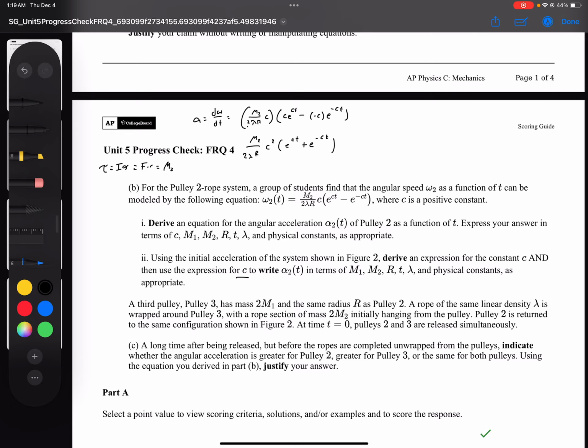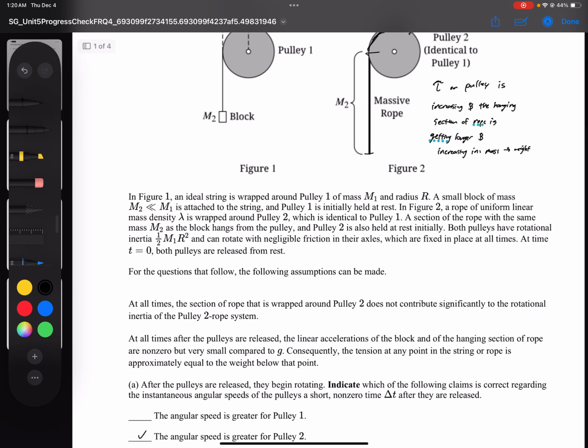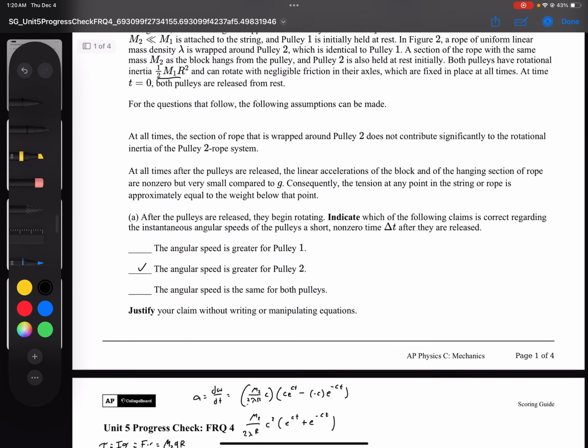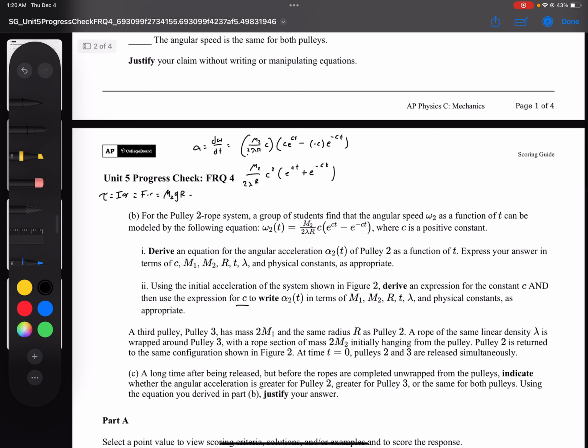So I have m2g times r, right? And the moment of inertia of the wheel is 1/2 m1 r squared, because it's a solid disk. Okay, so this is equal to 1/2 m1 r squared times alpha.